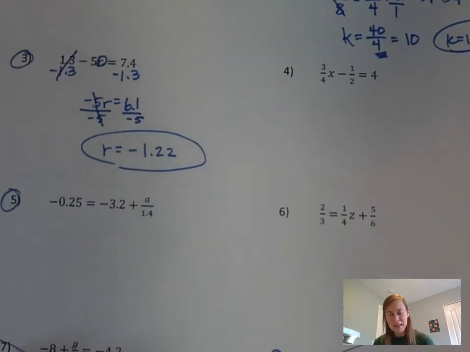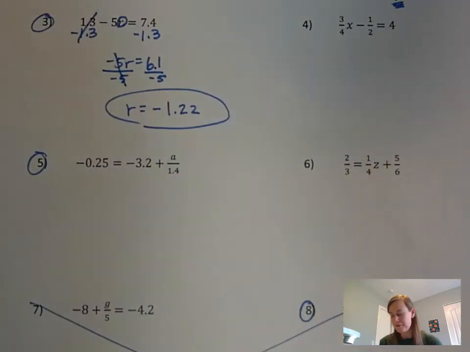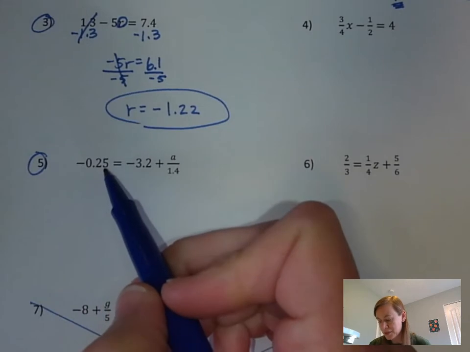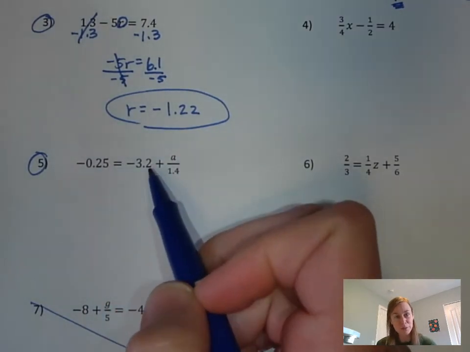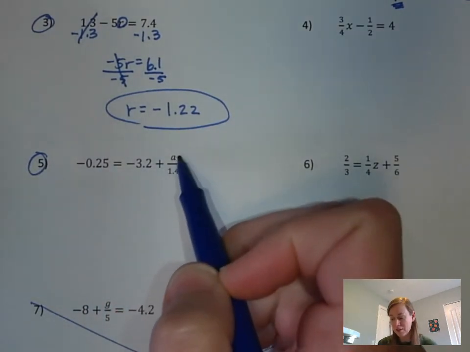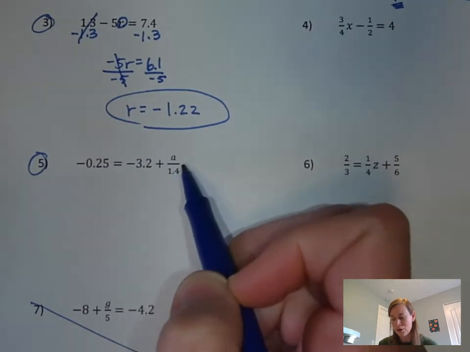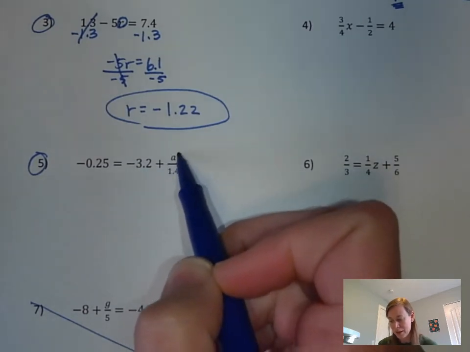All right, let's look at number 5. Okay, so number 5, I don't want to solve all the way. I just want to talk about the order that we're going to do things in here. So we have negative 0.25 equals negative 3.2 plus a over 1.4. You're trying to get a by itself, right?